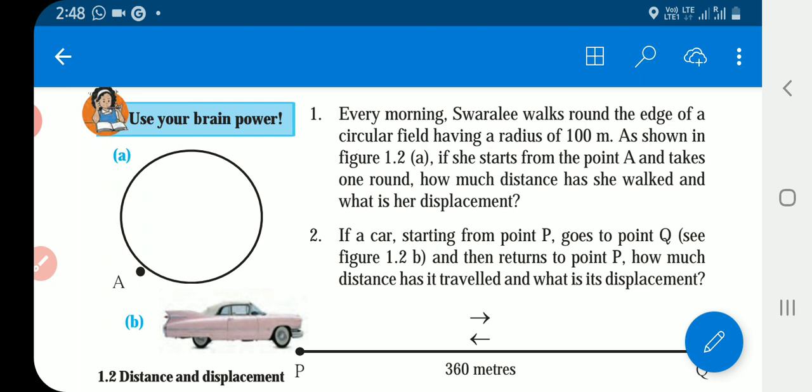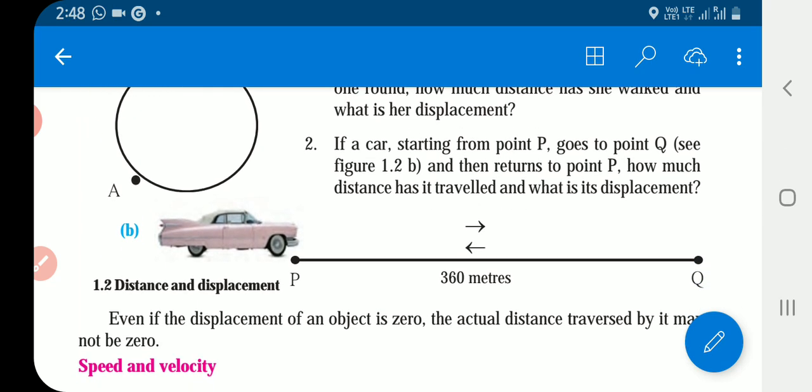Why? Because Swarali starts from the point A and when she completes her one round and reaches the starting point A, the displacement is 0.